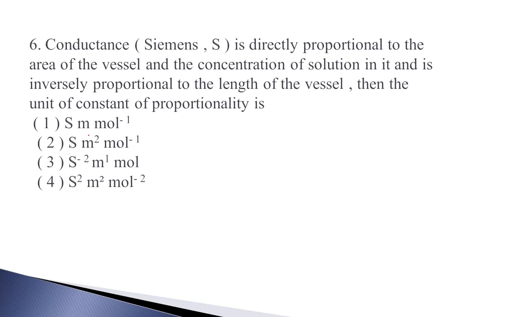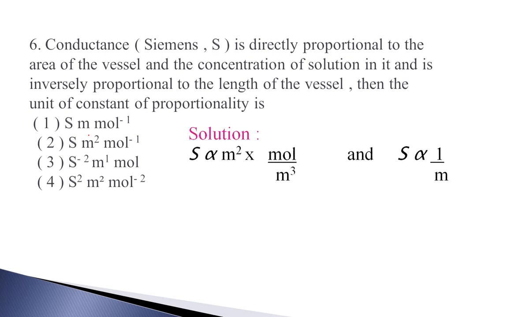Here, as it is said, conductance in Siemens is directly proportional to the area, that is m square, and the concentration of the solution in it, that is mole per meter cube, and is inversely proportional to the length of the vessel, that is in meter.